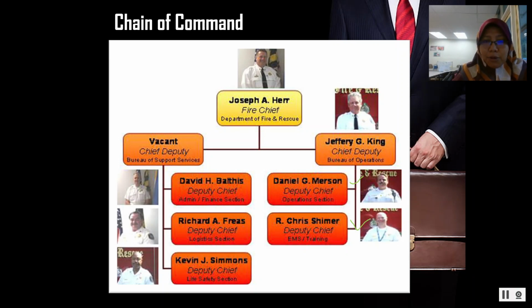So these two persons are going to report to Jeffrey G. King. On the other hand, David, Richard and Kevin need to report to their chief deputy. But you do not have a chief deputy, it is vacant, so they can report directly to Joseph. Okay, so this is what we call chain of command, who reports to whom, and Jeffrey G. King must report to Joseph.